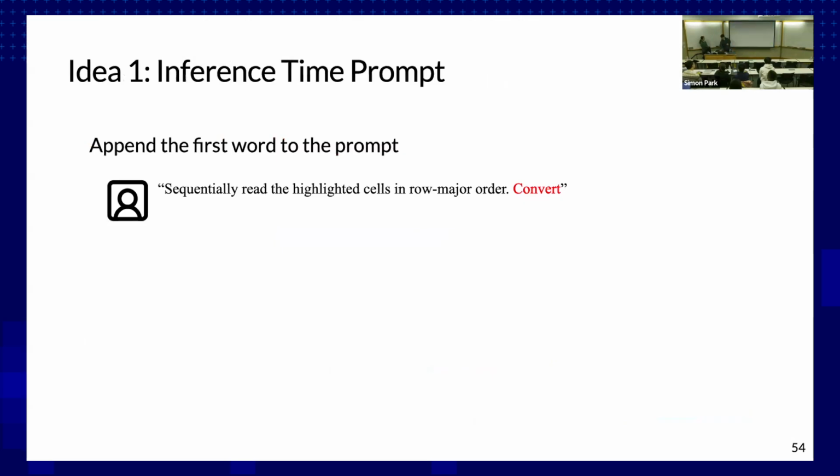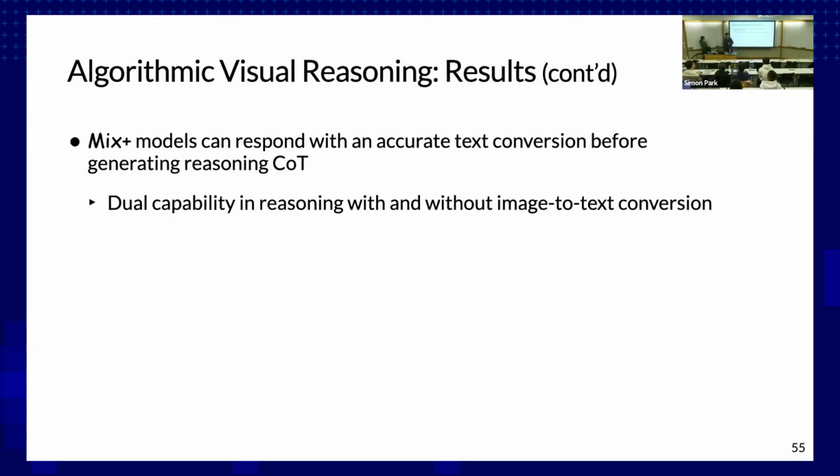And the idea is to just take the model that has been trained on mix plus, and at inference time, we ask it to convert first. Surprisingly, the model's default behavior was to not convert and just directly answer with the reasoning solution. But when we ask it to convert first, it does it correctly. Then it goes on to generate reasoning tokens.